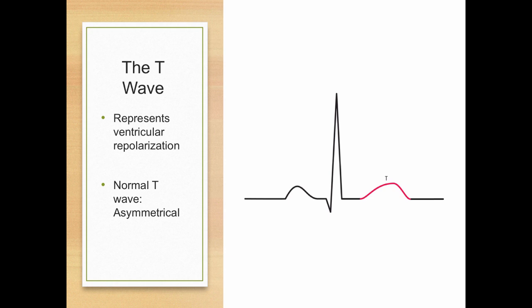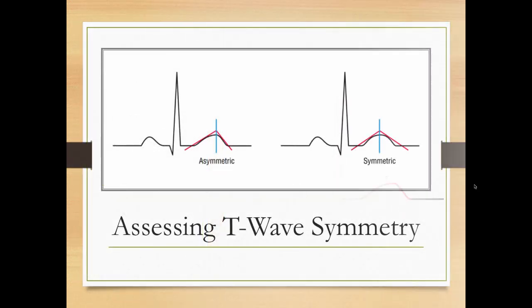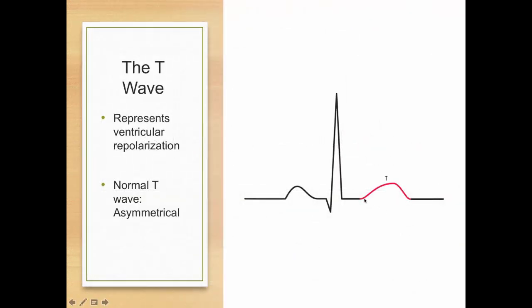Moving on from the ST segment is the T wave. So the T wave is ventricular repolarization. Your T wave should be asymmetrical. So here we have a T wave. It looks a little funky, right? This T wave isn't symmetrical.